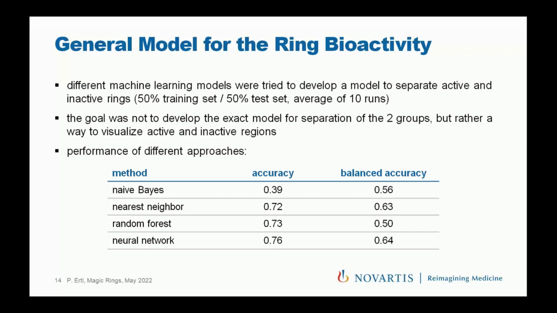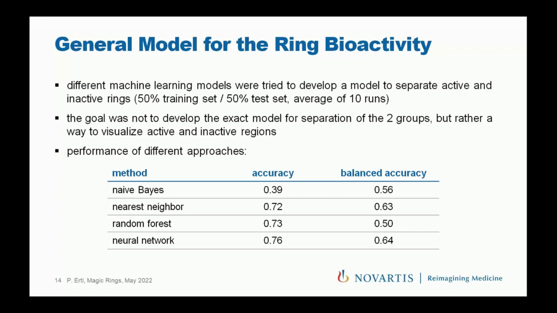On the other side, the best results have been provided by the neural network. This means that the factors responsible for separation between active and inactive rings are not simple. It is really quite a complex combination of multiple keys, multiple parameters, probably a non-linear combination.